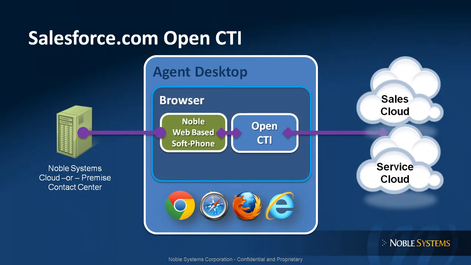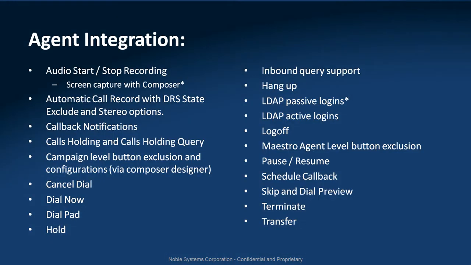OpenCTI also has the advantage of supporting the same call controls consistently across both the standard Salesforce application and the Service Cloud console. This list shows the currently available agent functions that come with the Noble Salesforce integration. In keeping with the OpenCTI design principles, configuration changes to the Noble softphone and toolbar options are managed in Noble's Composer Designer.